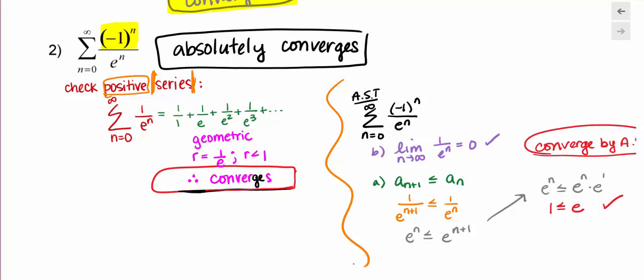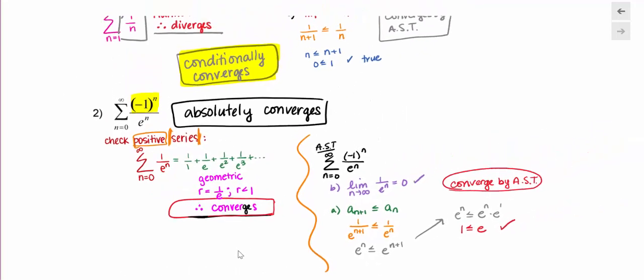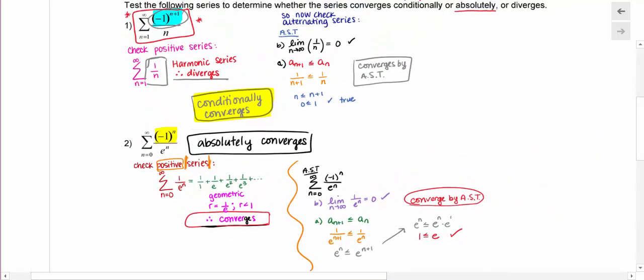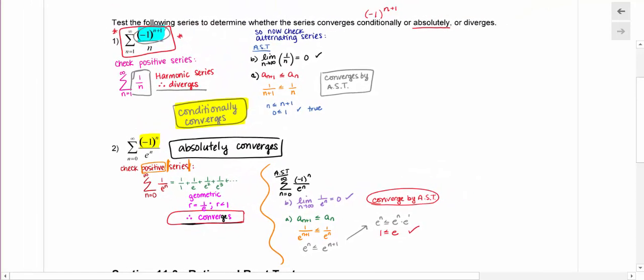So I hope you found that helpful. We'll talk about that a little bit more as we go through the ratio test, but for the most part, it really is linked to this alternating series test. So I wanted you to see that right after you tested for convergence using the alternating series test.